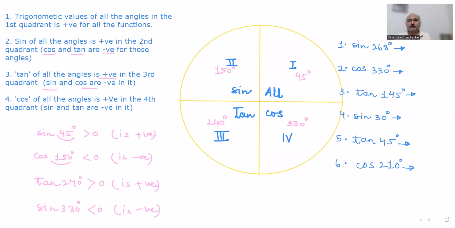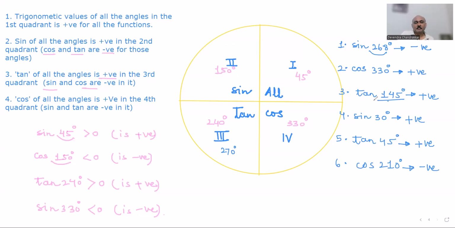Very good, kids. I appreciate. Shabash. Sine 268 lies in the third quadrant, so this is negative. This is positive. You check your answers, please, quickly. Positive, positive, positive, negative. 145 is less than 180, right?